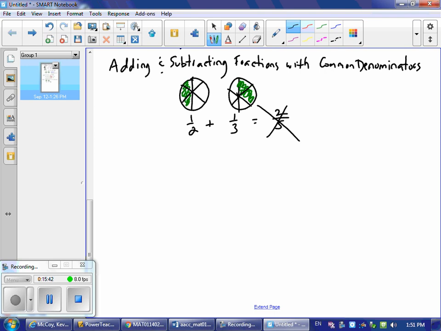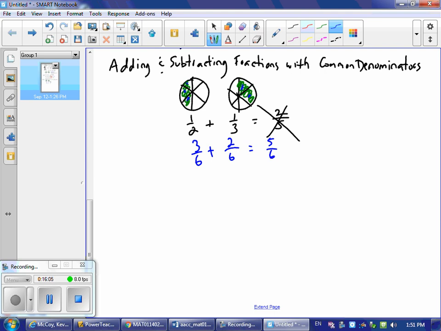And if you look over here on the left pie, 1, 2, 3 of those sixths. Over here, I've got 1, 2 of those sixths. I can now add those together and say that I have taken a total of 5/6 of a pie.